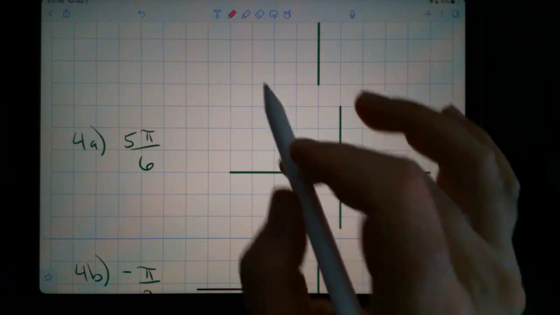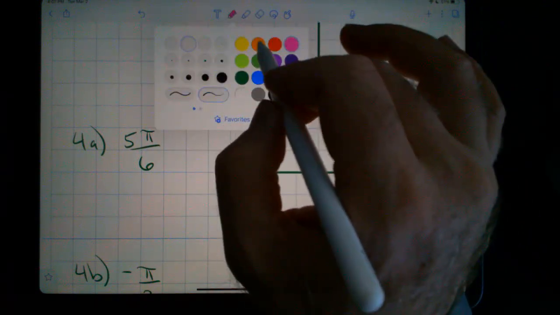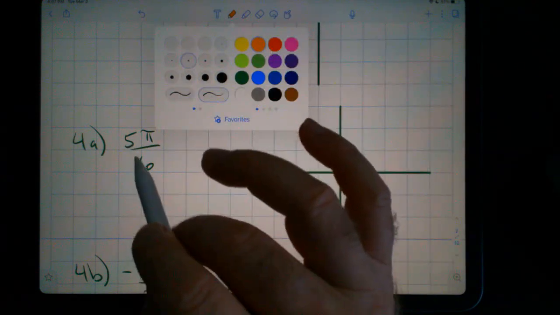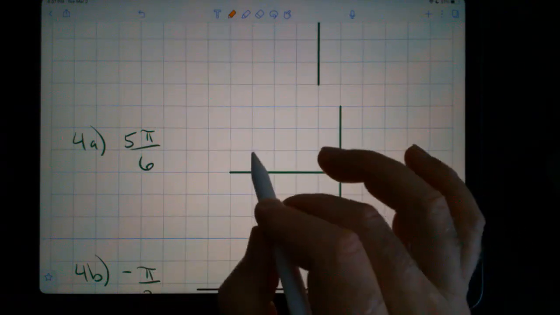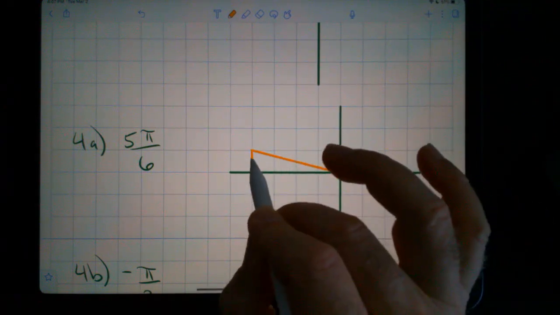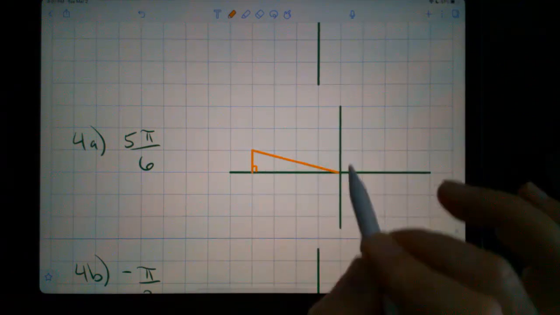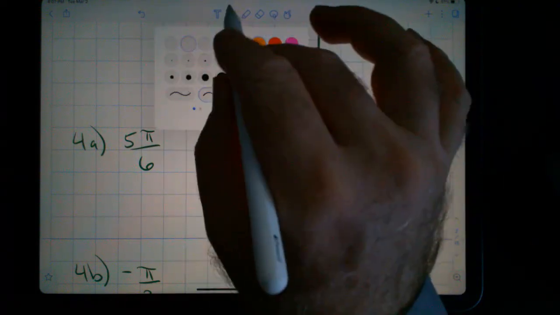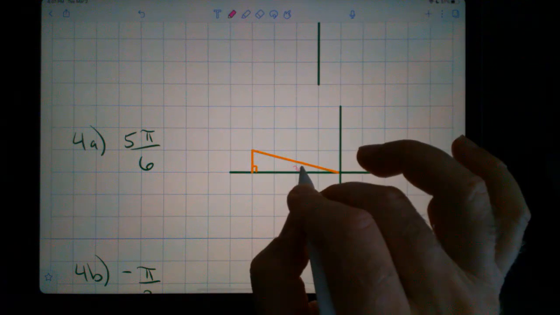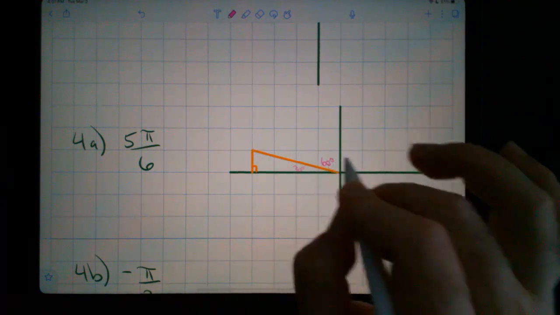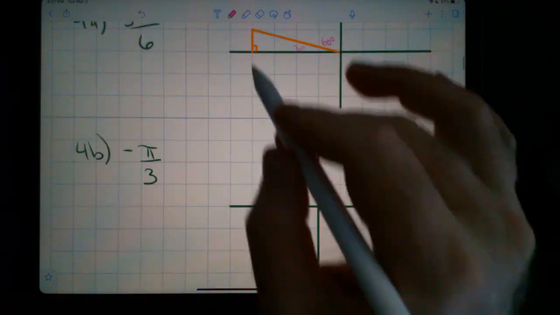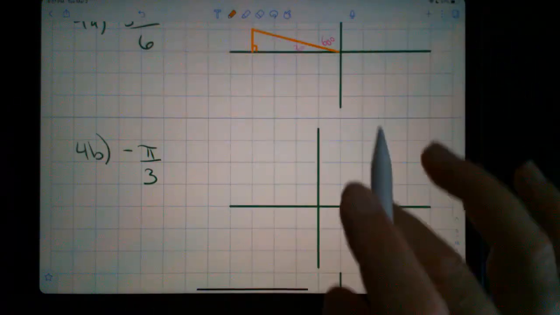Five pi over 6. 5 pi over 6 is 150 degrees. It's 1 pi over 6 off of the axis. Negative pi over 3.